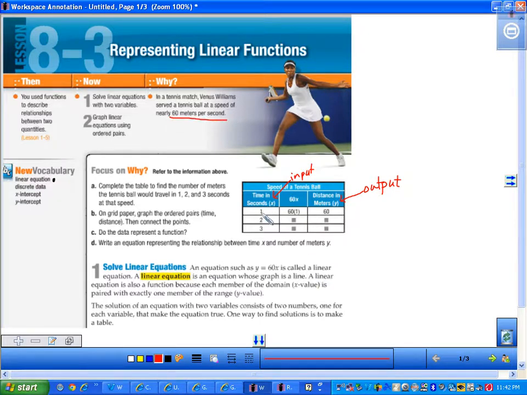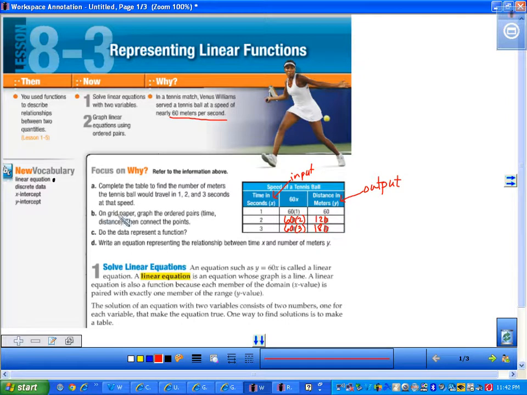So I plug in 1 for X. 60 times X is 60. We have 60 times 2, which is 120. 60 times 3, which is 180.